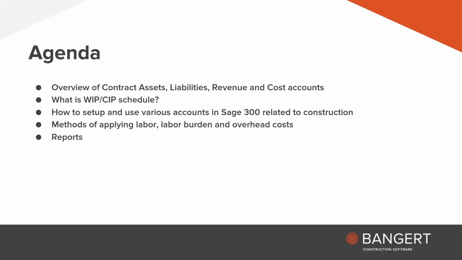And then we're going to talk about some methods of using and applying labor burden and overhead costs to jobs and to the general ledger, and how to reconcile all that. And then we're going to go through some commonly used reports in Sage 300 to tie all of this out.